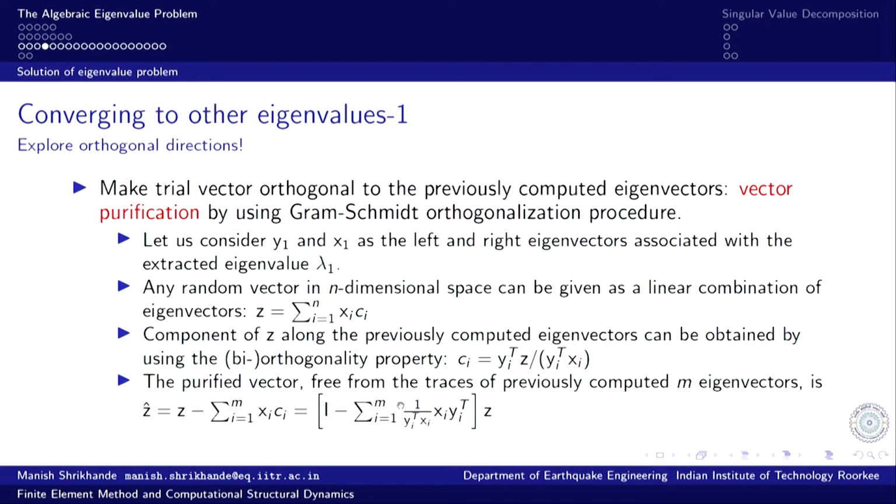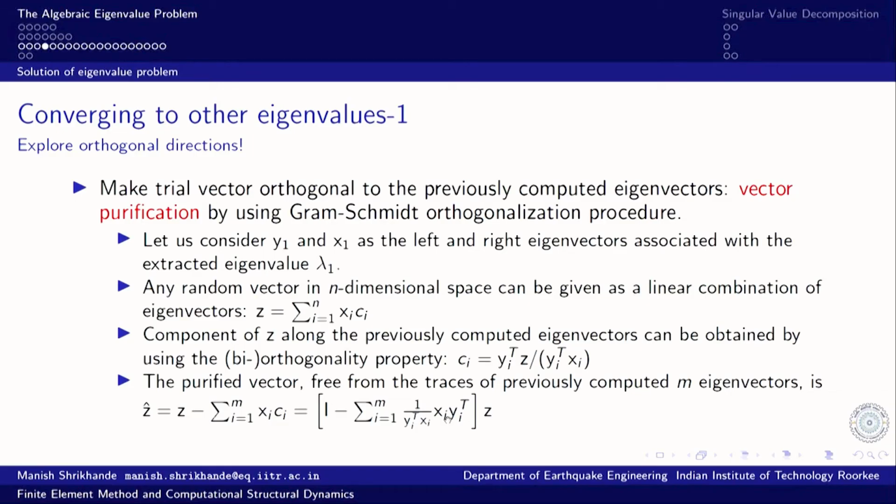This matrix multiplication takes care of both operations: computing the component and extent of representation, and then removing the traces of that vector from the original vector, thereby making it orthogonal. Gradually we start with one vector, and after computing the second vector we add one more term to this, and so on.